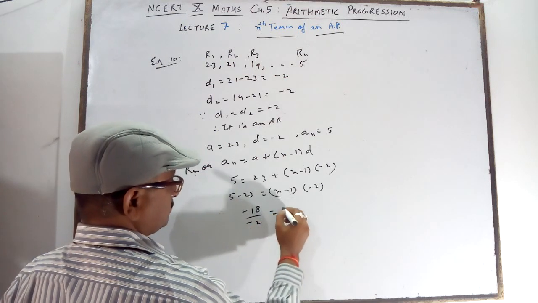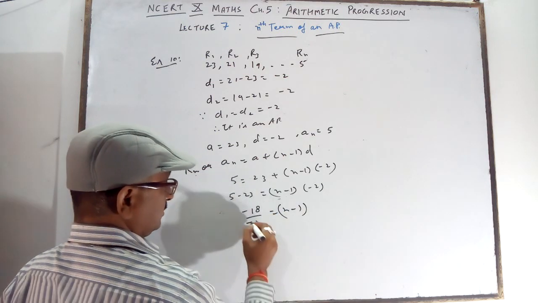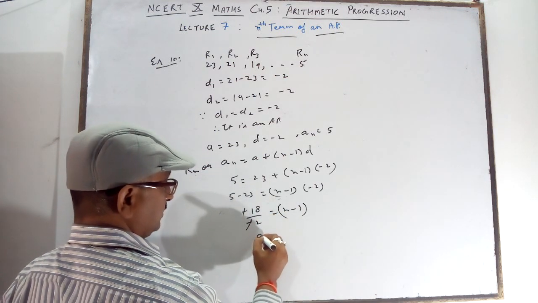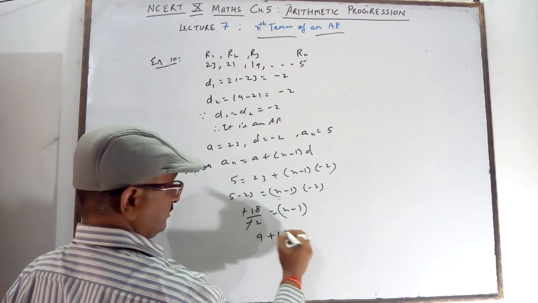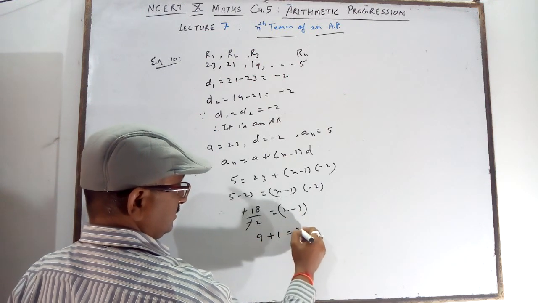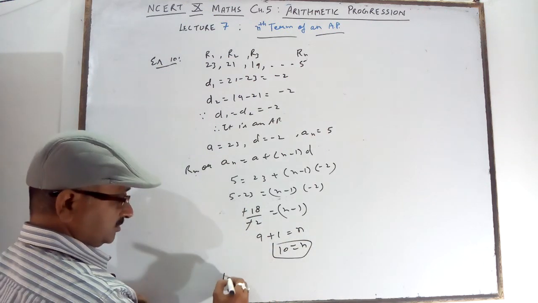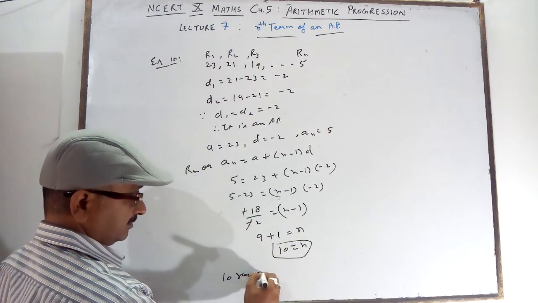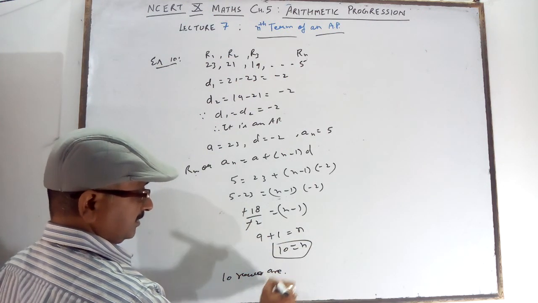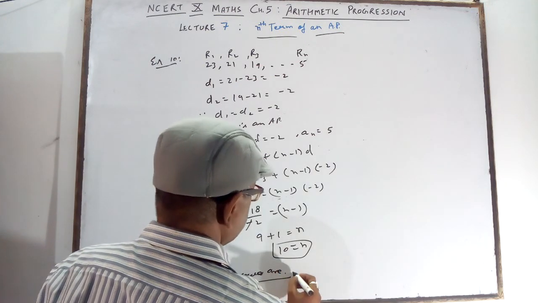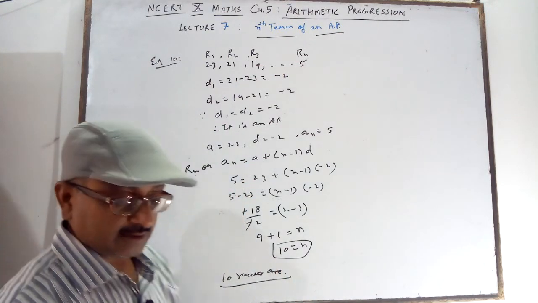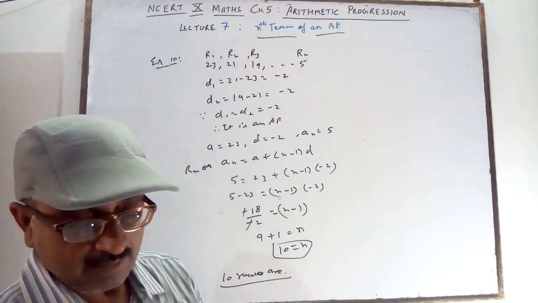Divide by minus 2: n minus 1, minus minus cancelled, is 9. Plus 1 comes to this side, so 10 is equal to n. So how many rows? 10 rows are there in this arrangement, in this flower bed.